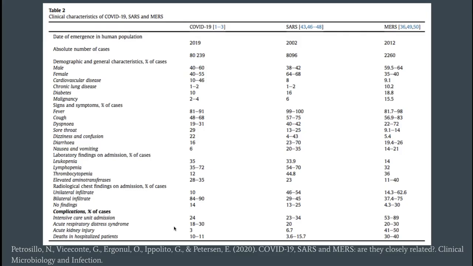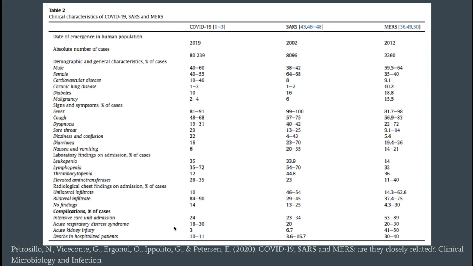So this was a study that compared all three zoonotic transmissions, COVID-19, SARS-CoV-1, and then MERS. It compared their symptomology and things like that. A lot of the common symptoms are fever, cough, shortness of breath, sore throat, dizziness, nausea, vomiting.